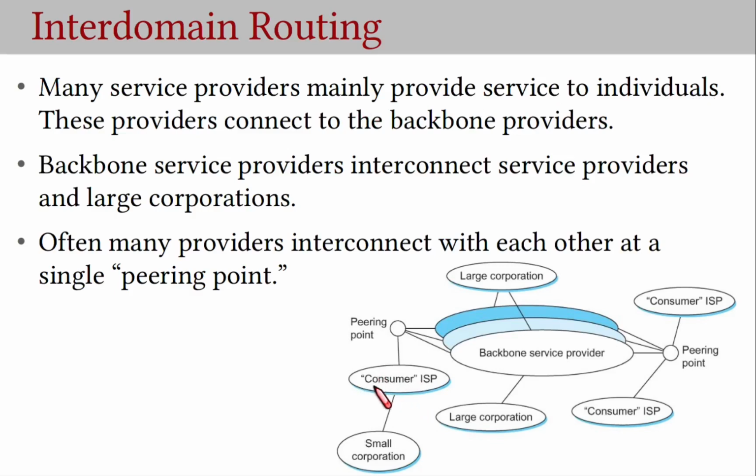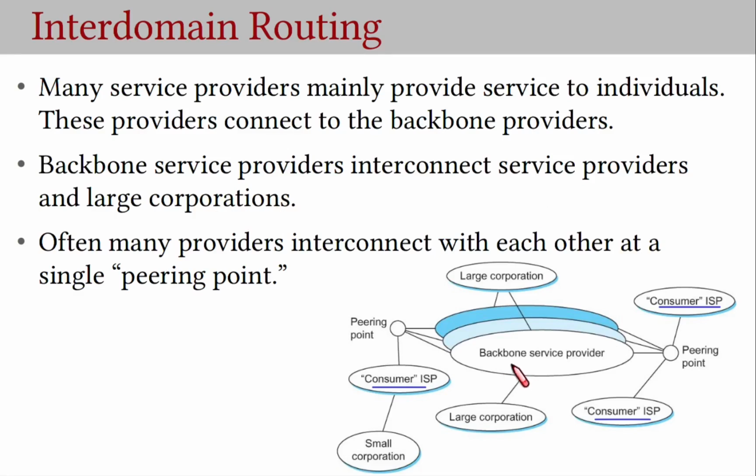So this consumer ISP, for example, these ones. And these service providers connect to backbone providers, right? So here are some backbone providers. And these backbone service providers interconnect these service providers, and they also can provide connectivity to large corporations.